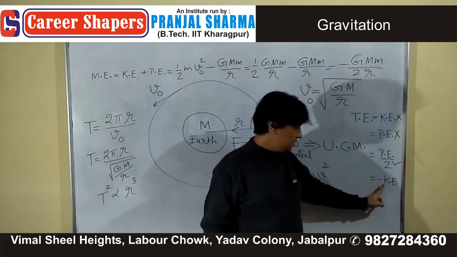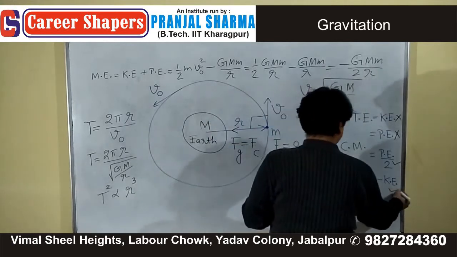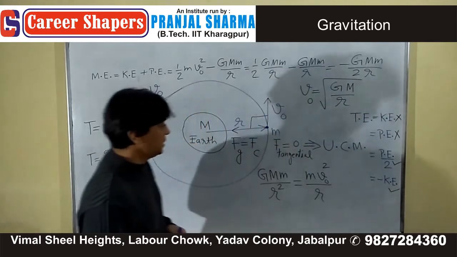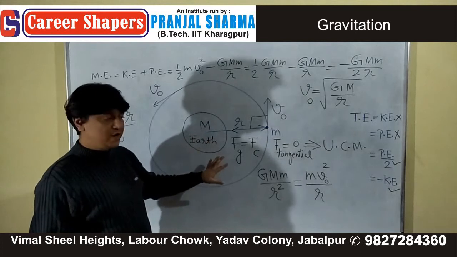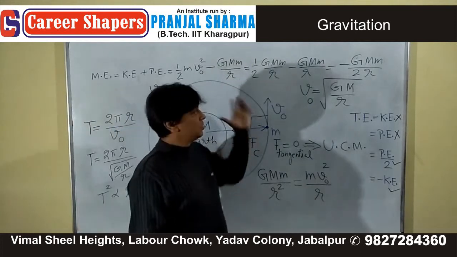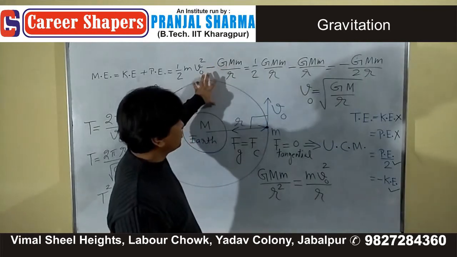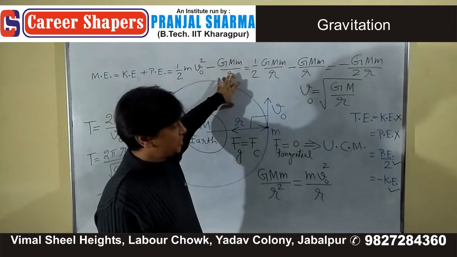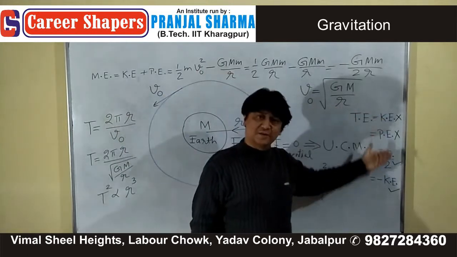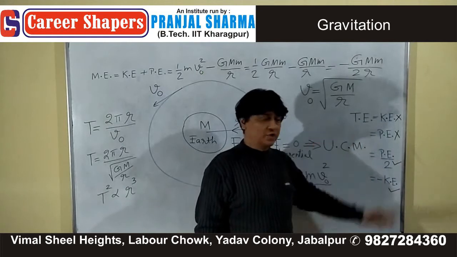And therefore, this fourth option is also correct option. So that's how you calculate orbital velocity, time period, total mechanical energy in terms of kinetic and potential energy, and an objective problem in this form. Note down everything.